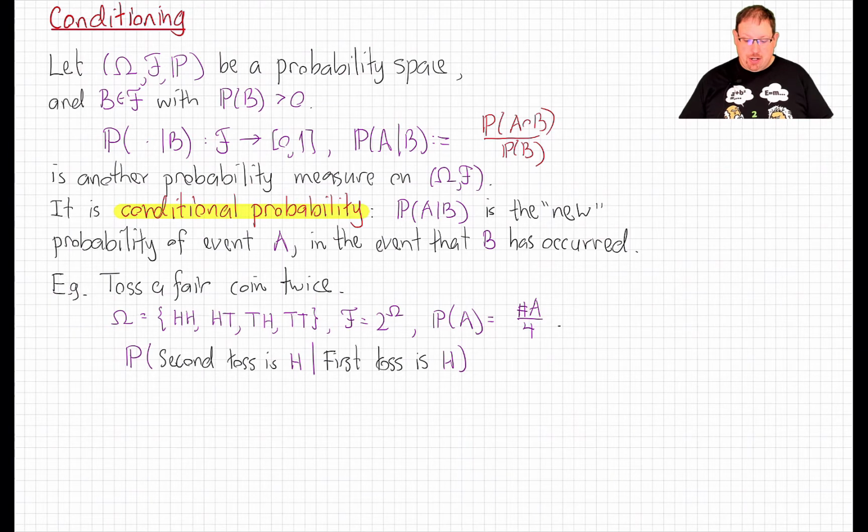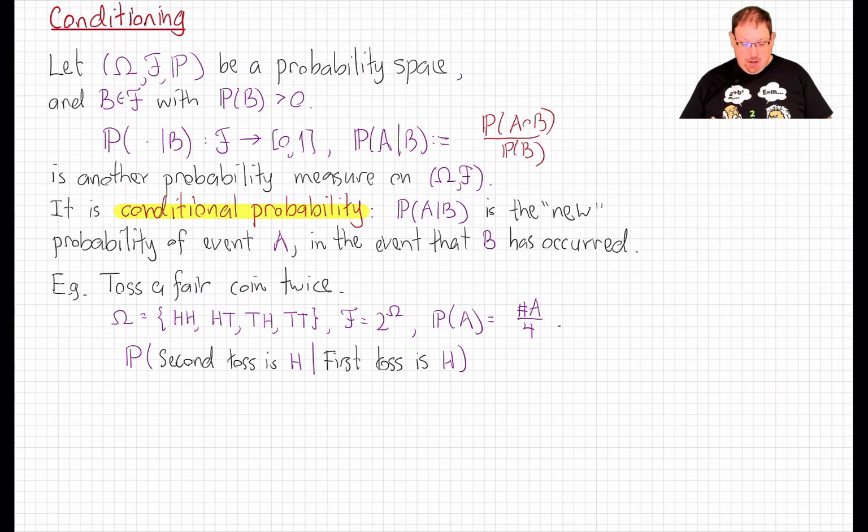It has occurred. And so now we want to know what are the probabilities of other events given that information. Some of them might not be affected, others might be affected greatly. This conditional probability is a model for that. For all events, it tells us what is their probability given that we now know that the event B occurred.